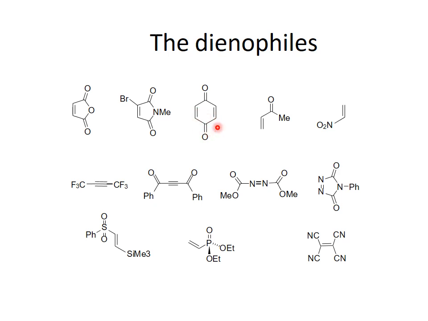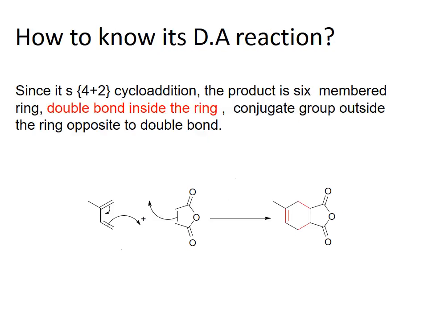Fluorine is more electronegative and an electron withdrawing group. This is also a dienophile. A heteroatom containing dienophile. And see this one, a dienophile containing a sulfonate system. All these molecules can be used as a dienophile.